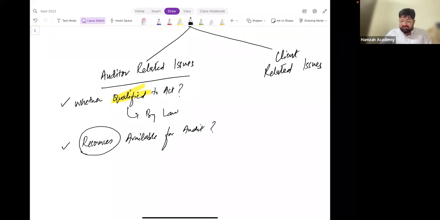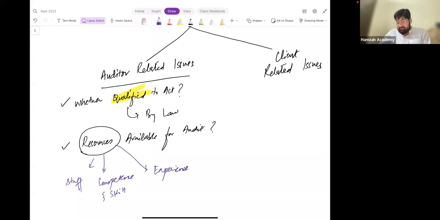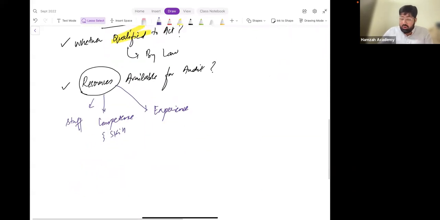What is the meaning of resources? It means staff, competence, skill, and experience which is required to audit a company. Whether the auditor has that experience or not.